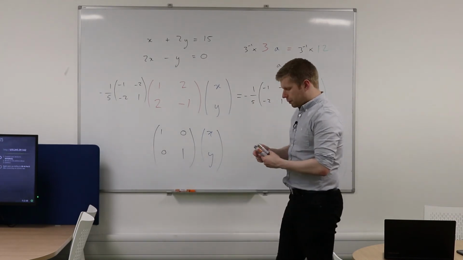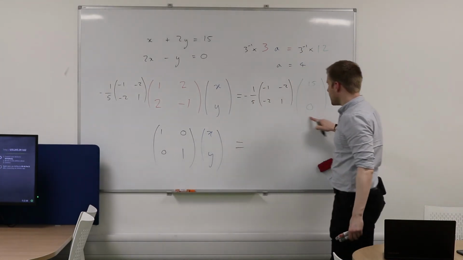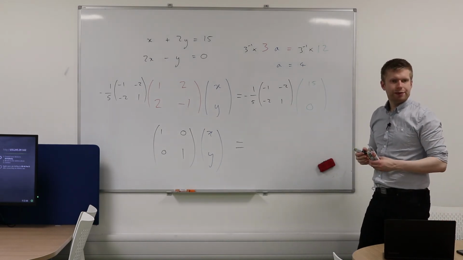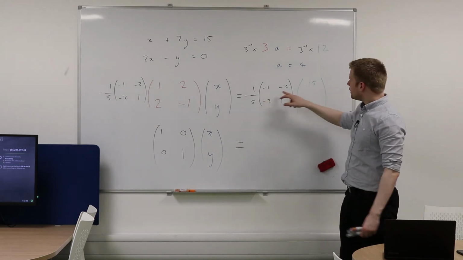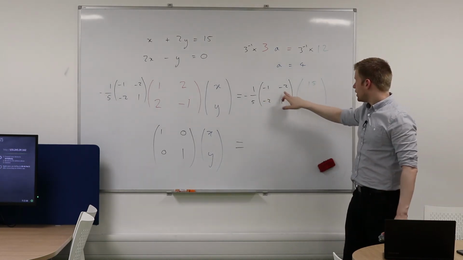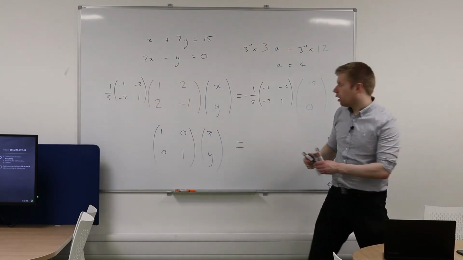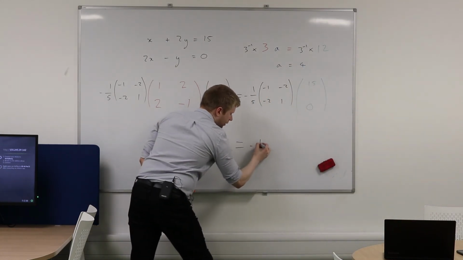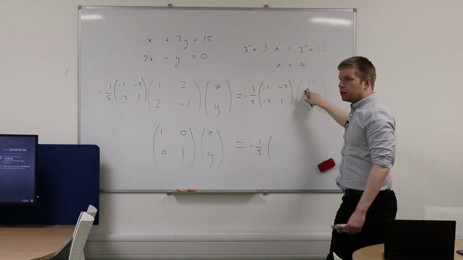Okay, but then what do I get on the right-hand side? So what's this multiplied out? Let's do it then. Negative 1 times 15 plus negative 2 times 0. I'm just going to leave the negative 1/5 till last. What is negative 1 times 15?